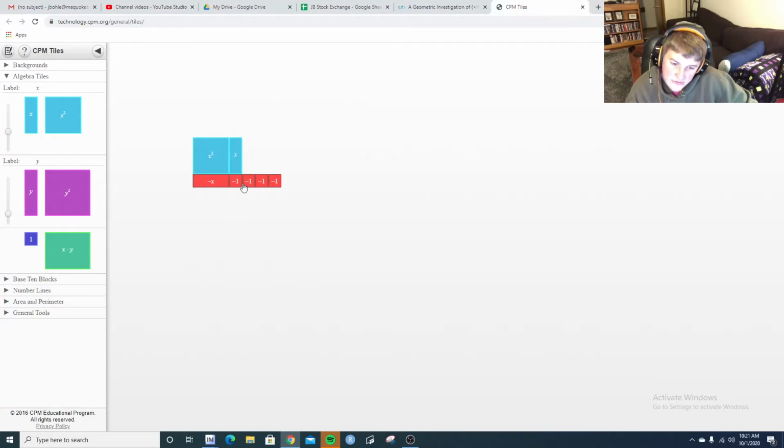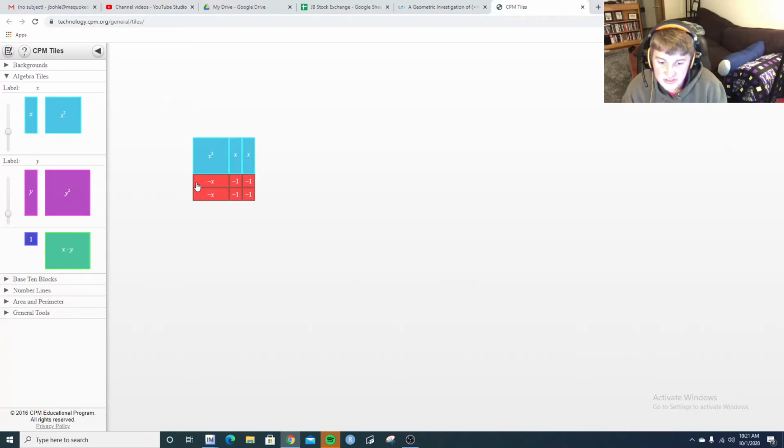All right, so if we have that, is there any way for me to rearrange these tiles to make a rectangle? It doesn't really look like I'm able to. So let's go ahead and introduce another sneaky 0. And look what I have here. I've created my rectangle, but in this particular example, this happens to be what we would call a difference of squares.